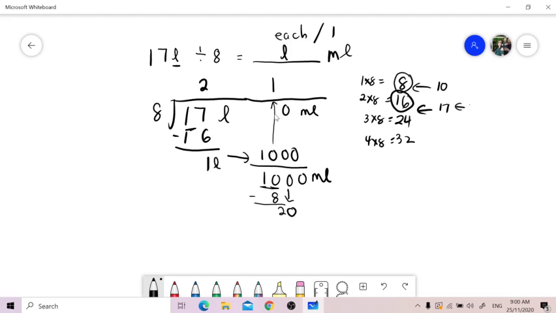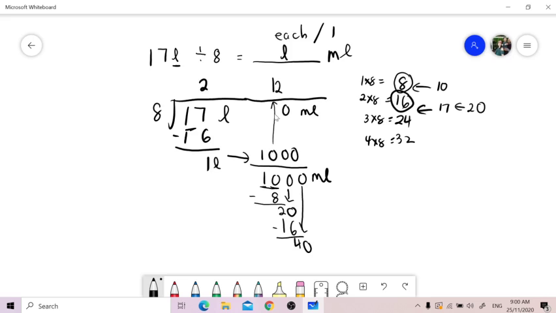Okay, so 20 pun dekat sini. So paling dekat ambil 16. Okay, so 16 is 2. Okay, 20 minus 16 is 4.